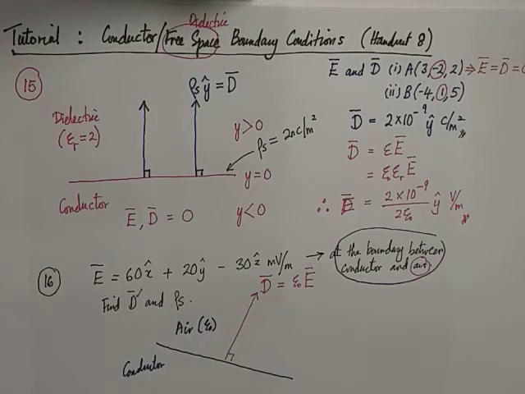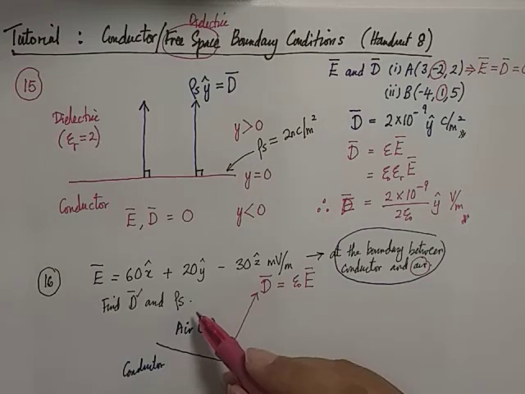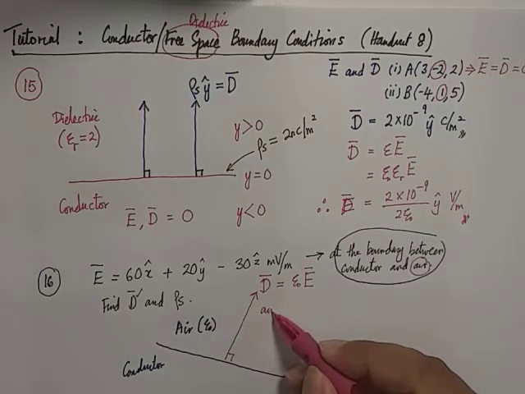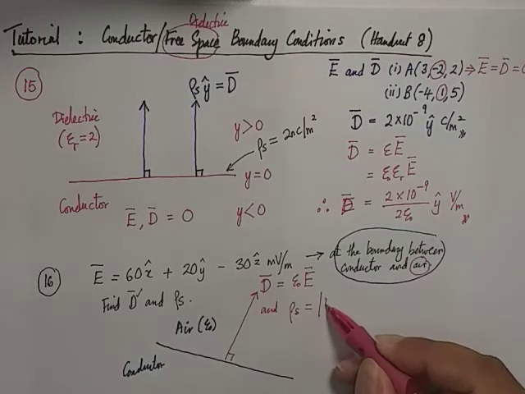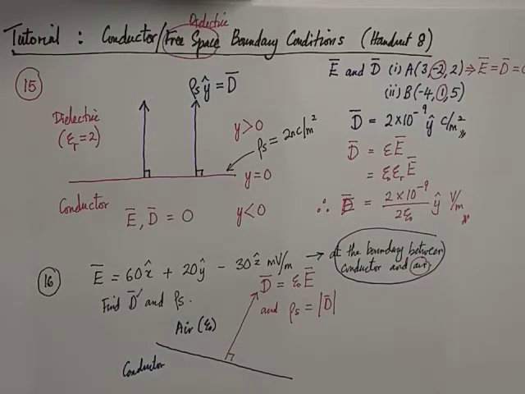How about the rho S? The rho S should be equal to the magnitude of D. That is how we define rho S. And how to determine the magnitude?